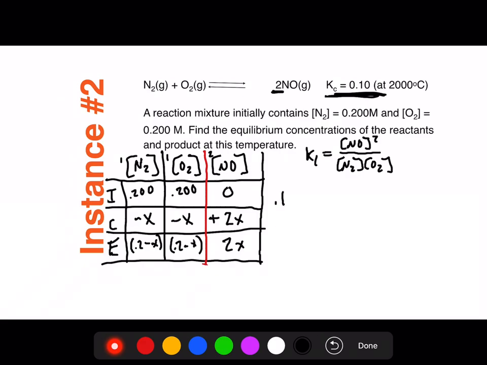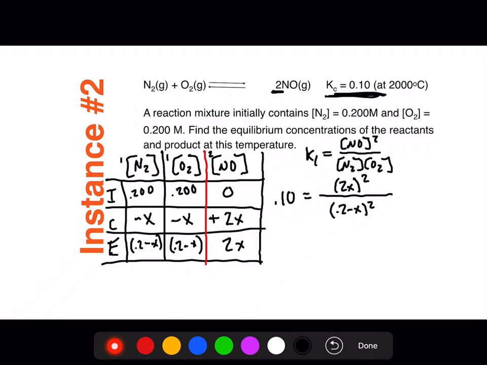So you get 0.1 for K, then looking down here you get 2x squared for nitrogen monoxide, and then you get 0.2 minus x times 0.2 minus x, and that is actually the same thing as 0.2 minus x squared. Okay, so that makes it really easy.